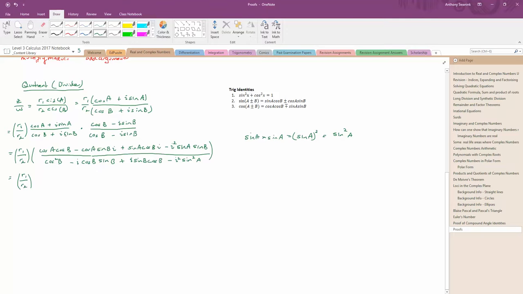So cos B plus I sine B is simply a complex number in polar form. Its conjugate would be this here, cos B minus I sine B. Okay, so multiplying top and bottom by that, multiplying this out, cos A times cos B, cos A times negative I sine B would give this here.